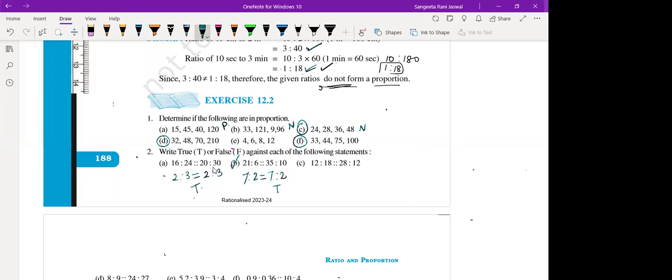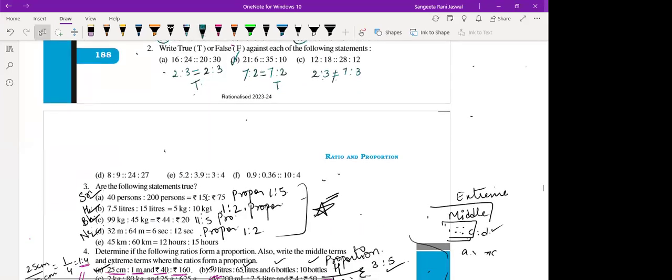Okay, what is the reduced form of this? Ma'am, 12 is to 18 is 4 is to 6. And 28 is to 12 is 7 is to 3. So this is not equal. Okay. Next, Shreyansh, you tell me this one, D bit.